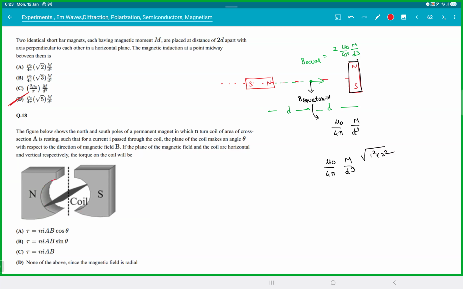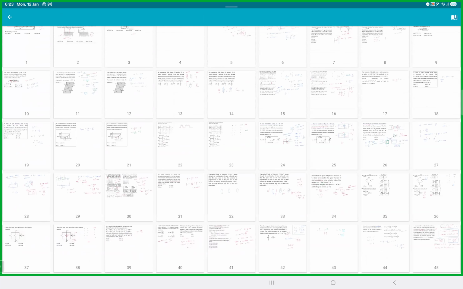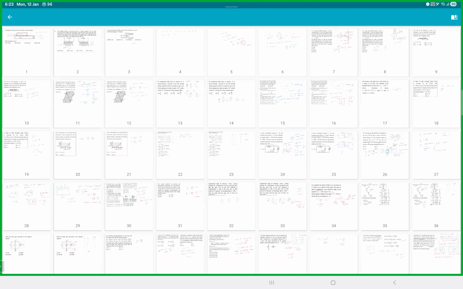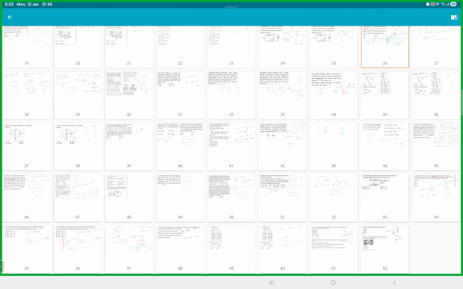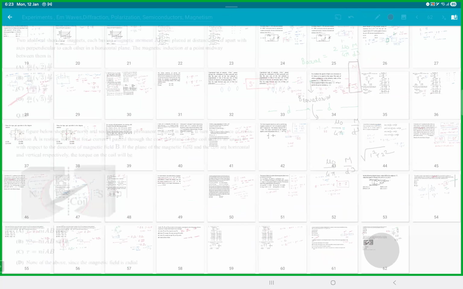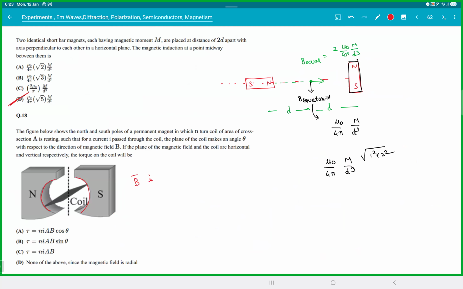So the reason this magnet is cut in this way is because the field will always be perpendicular. That is the reason you make that concave shape. Right, so B bar is always perpendicular to the area vector.